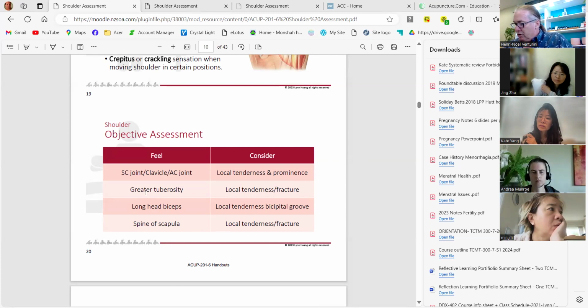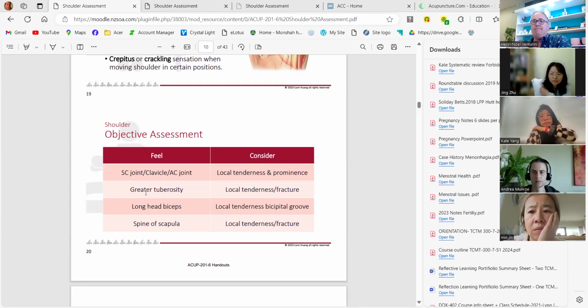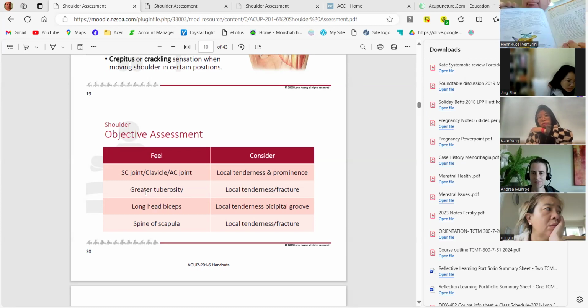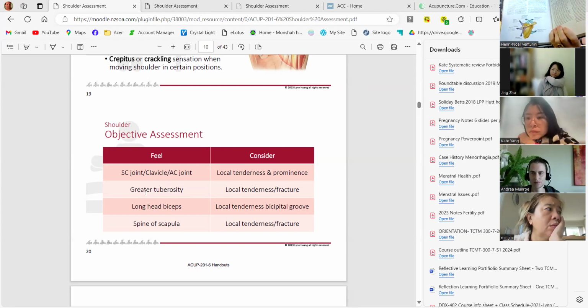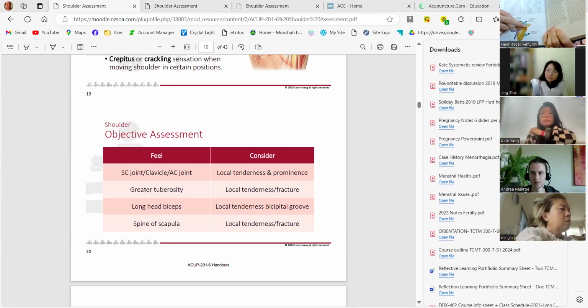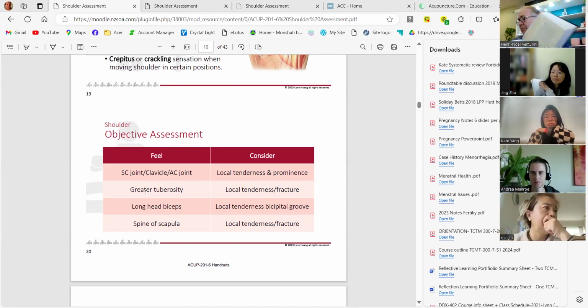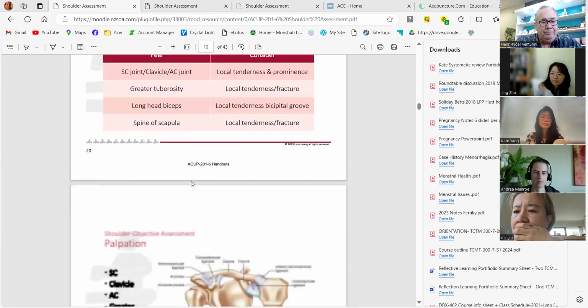Anywhere else you're not quite sure? Do you know what the spine of the scapula is? The spine of the scapula is the spine there, that ridge there.